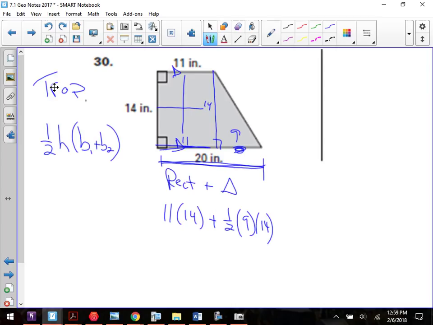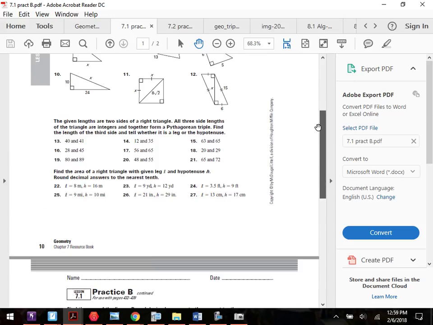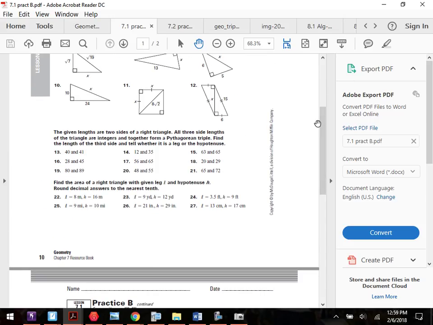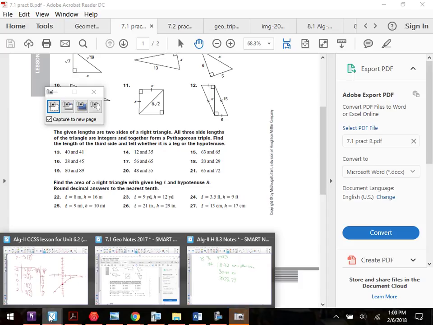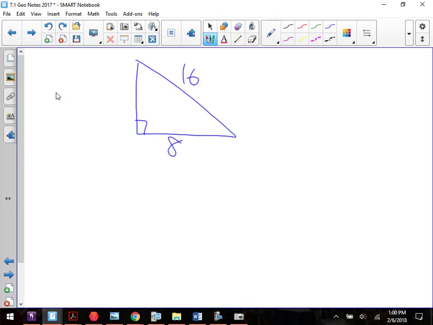Okay. Did I hear someone say about 32? Was it, or did I do that? 22. This is giving you a leg and a hypotenuse. So you have a leg of 8 and a hypotenuse of 16. In order to find the area of that, you got to find the missing leg.